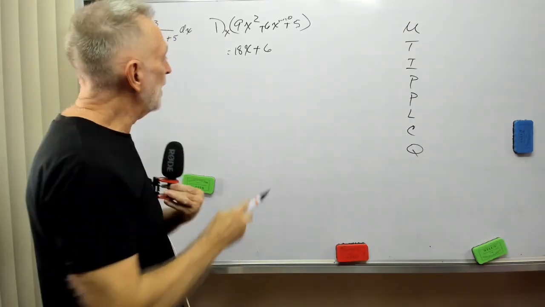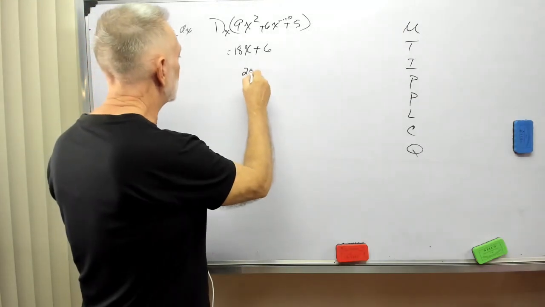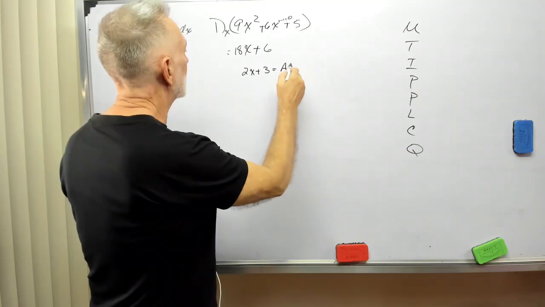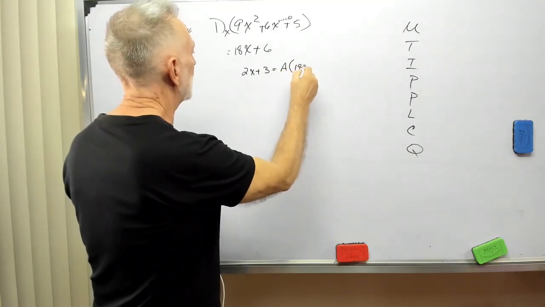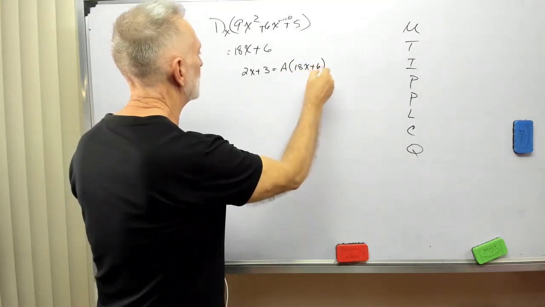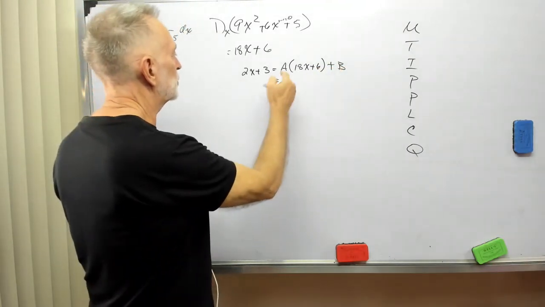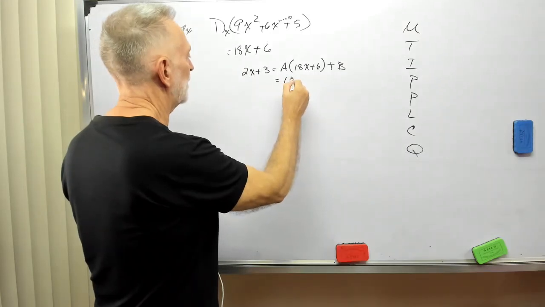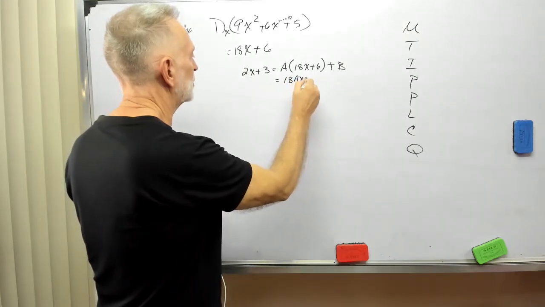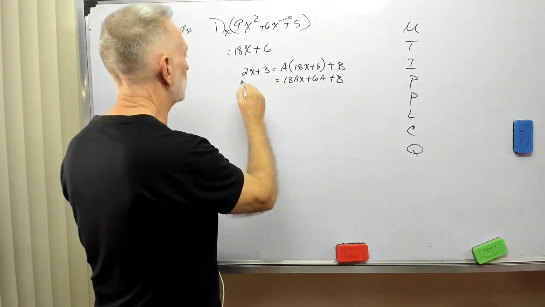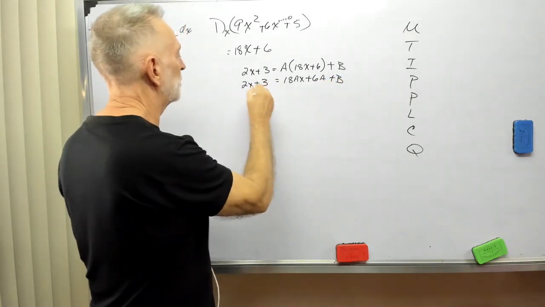Let's just make that happen. So let's let 2x plus 3 equal a times 18x plus 6 plus b. Okay, so if we distribute a to the inside, I have 18ax plus 6a plus b equals 2x plus 3.